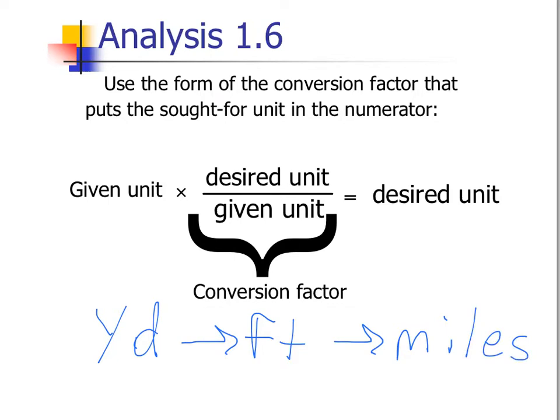Meaning in that sort of a setup, you would have two conversion factors to get you to what your ultimate answer would be. And therefore, it goes on a little bit longer, and it does take a little bit longer. But knowing what your conversion factors are, putting together some sort of a path will help out a lot in the end.